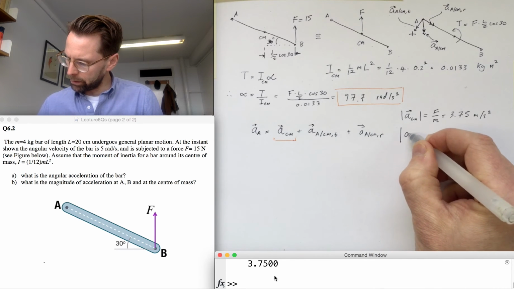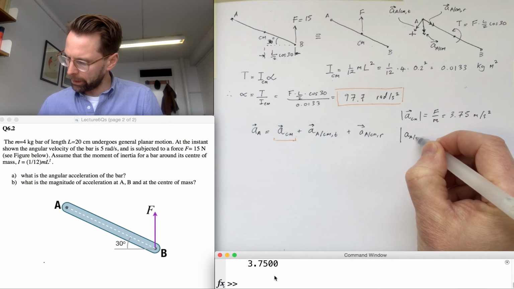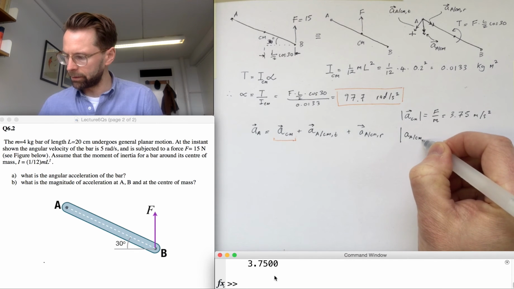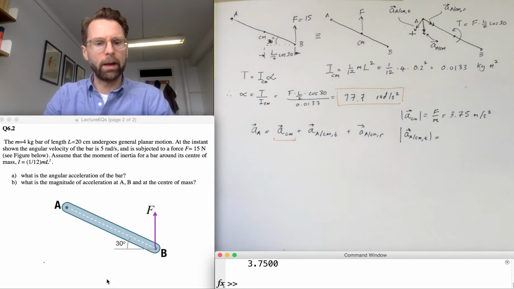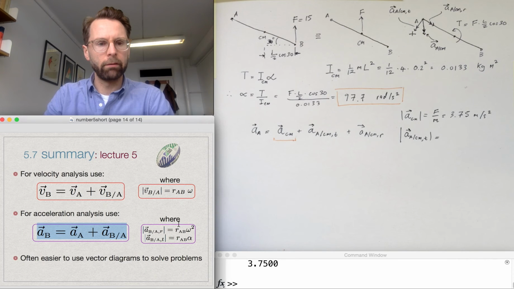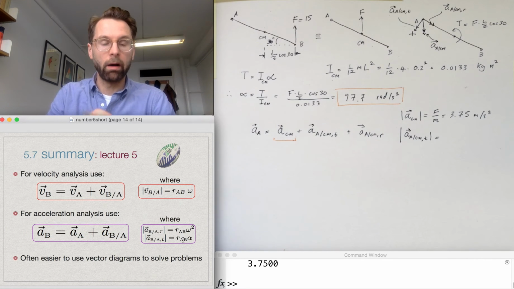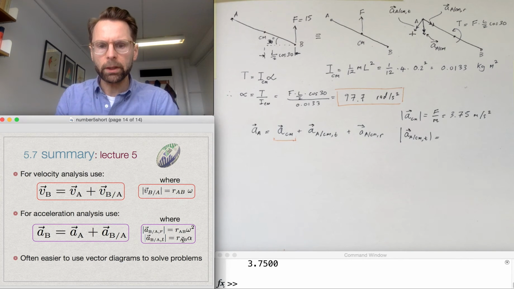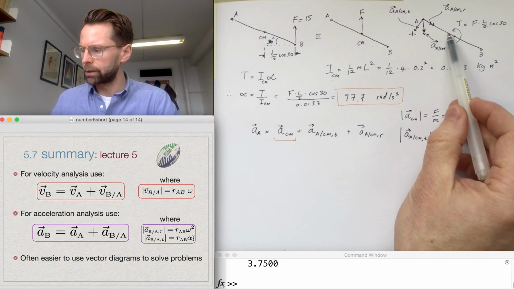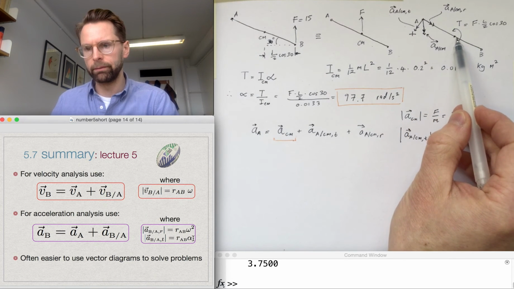So the magnitude of the acceleration of A relative to the centre of mass in the tangential direction is equal to, now if we go back to our notes from lecture 5, the magnitude is r, where r is the radius of rotation, times by the angular acceleration. The radius of rotation in this case is L over 2.